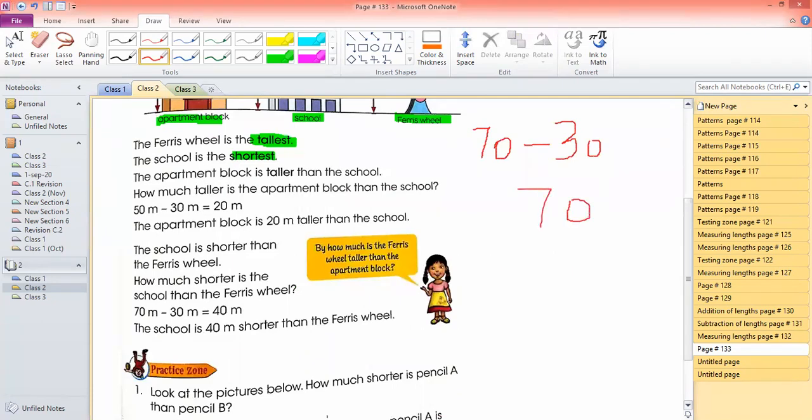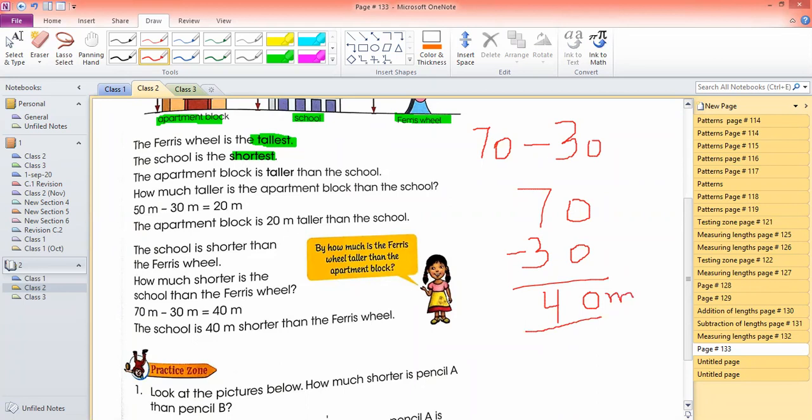Now 0 minus 0 equals 0. 7 minus 3 equals 4.